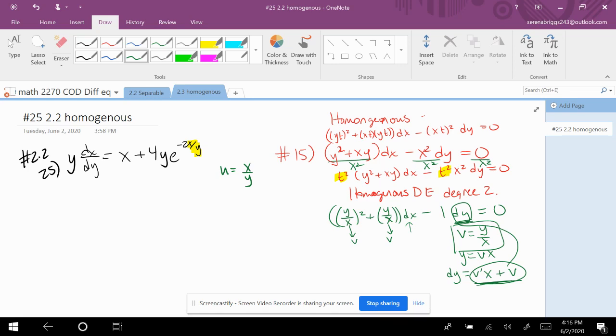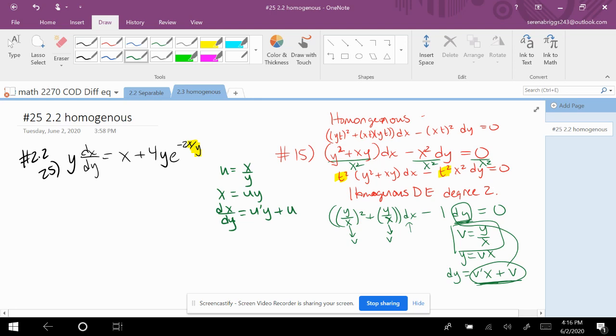This substitution is better because of what I see in that exponential position. Then I know that x is equal to uy, and therefore dx over dy is u prime y plus u by product rule.